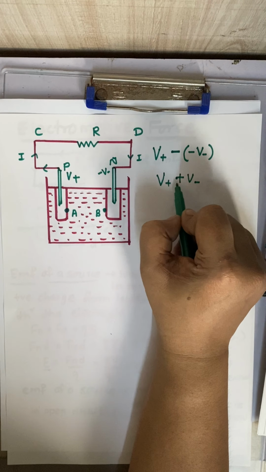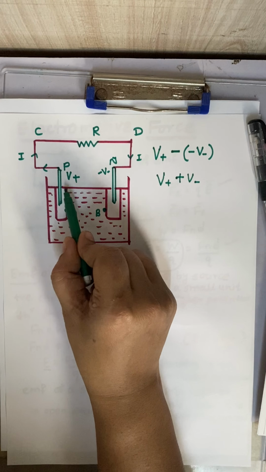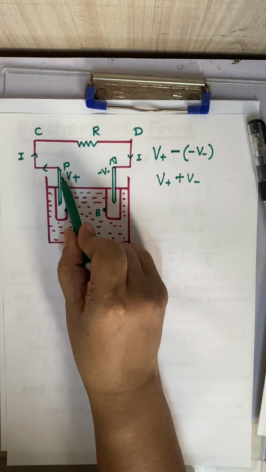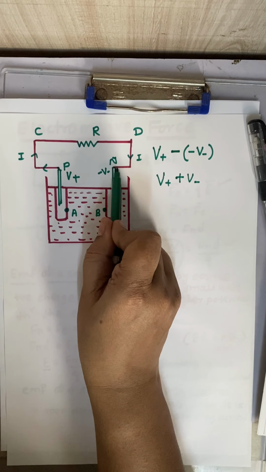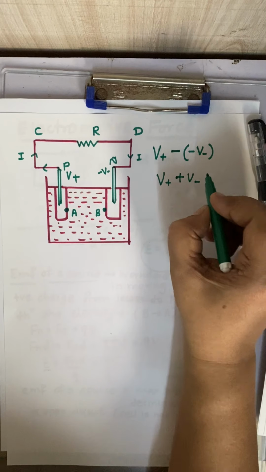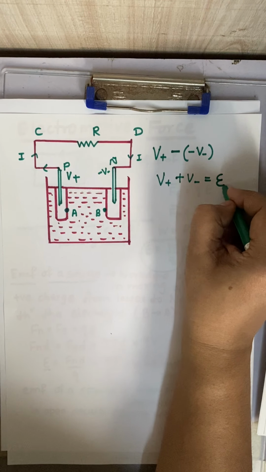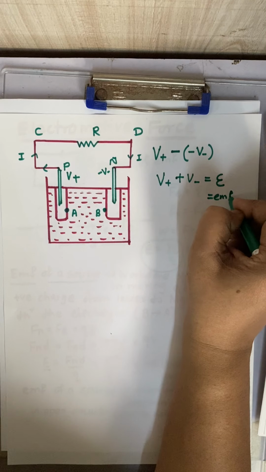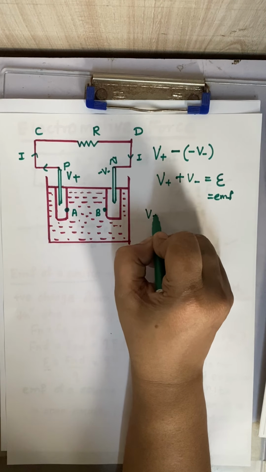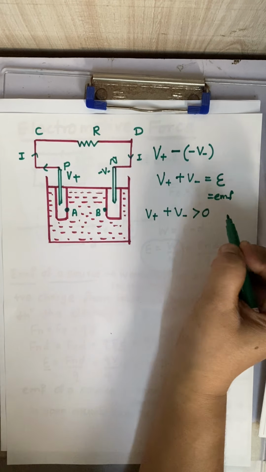That is the potential at point P and the potential at point N. This potential difference between the two electrodes is nothing but the EMF of the cell, and therefore V plus plus V minus is always greater than 0.